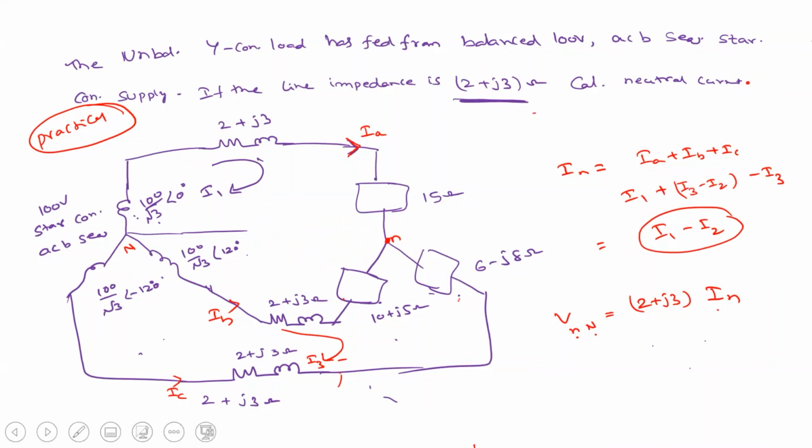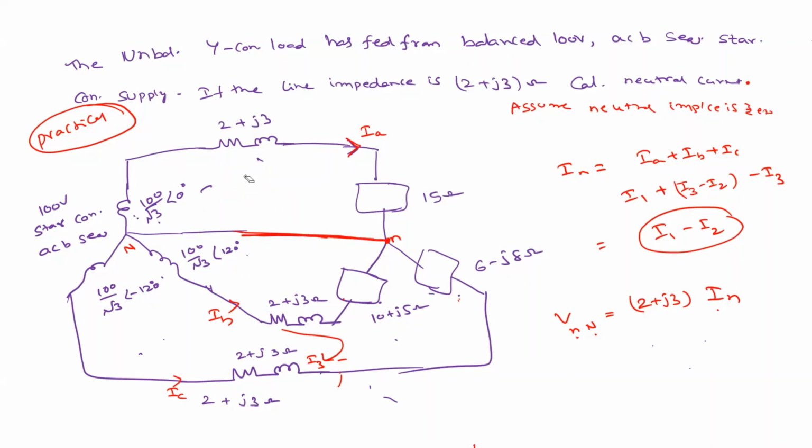The unbalanced Y-connected load is fed from the balanced 100 volts ACB sequence star connected supply. If the line impedance is 2 plus J3, calculate the neutral current. Assume the neutral impedance is 0, so the neutral is connected directly like this.